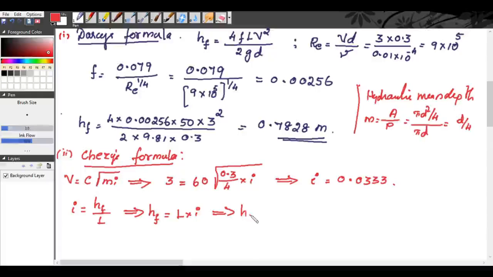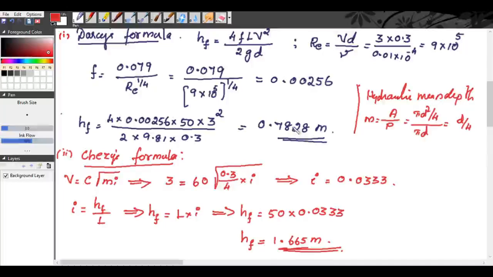The length of the pipe is given as 50 meter. i is the hydraulic gradient, we have found it as 0.0333. From which we get the head lost due to friction using Chezy's formula as 1.665 meter.